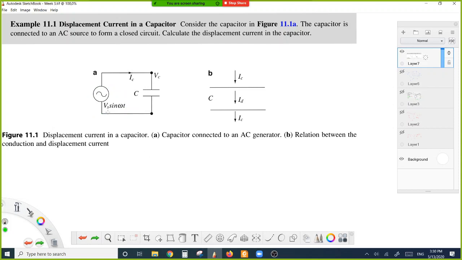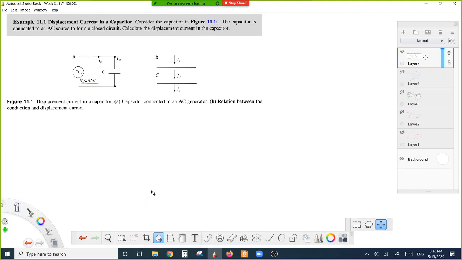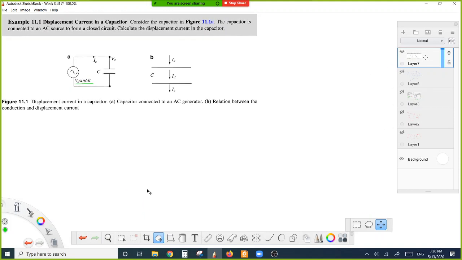The voltage source produces the voltage of Vs sine omega t, and we need to calculate the displacement current in the capacitor.